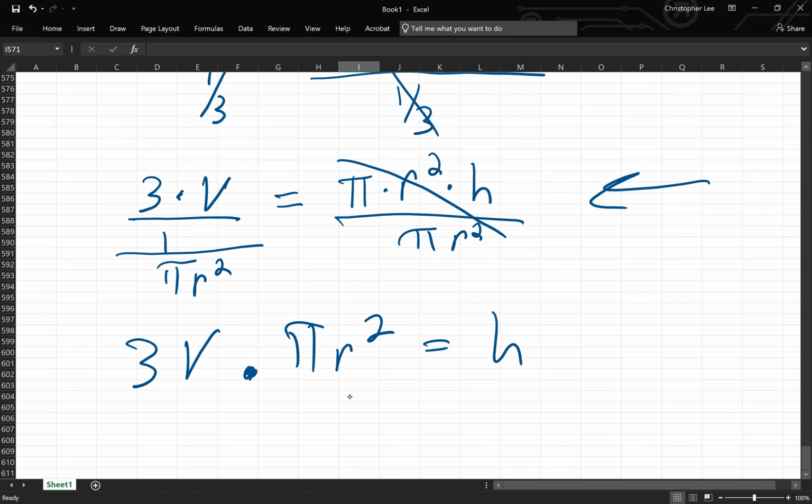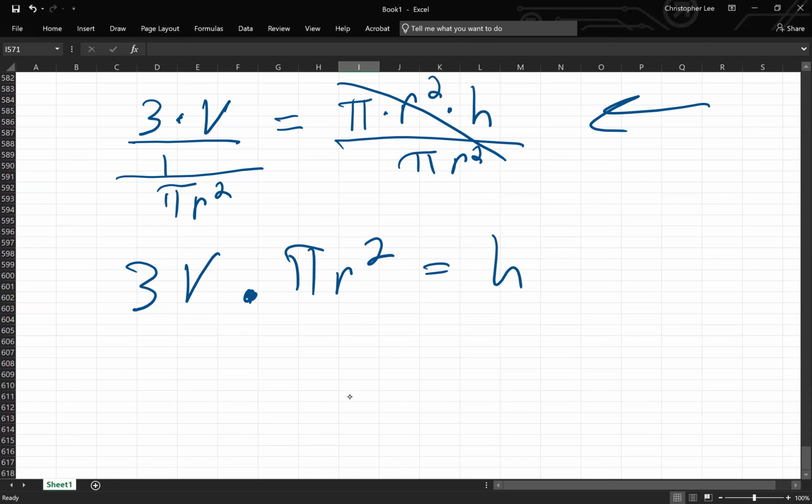It did tell you to look at each problem. Absolutely. Just divide by r squared and h. There you go. But you write down the flipping of 3v divided by pi r squared, like how to do it? Okay. So this would become 3v over 1 times, originally it would be divided by, oh, I see what you mean.